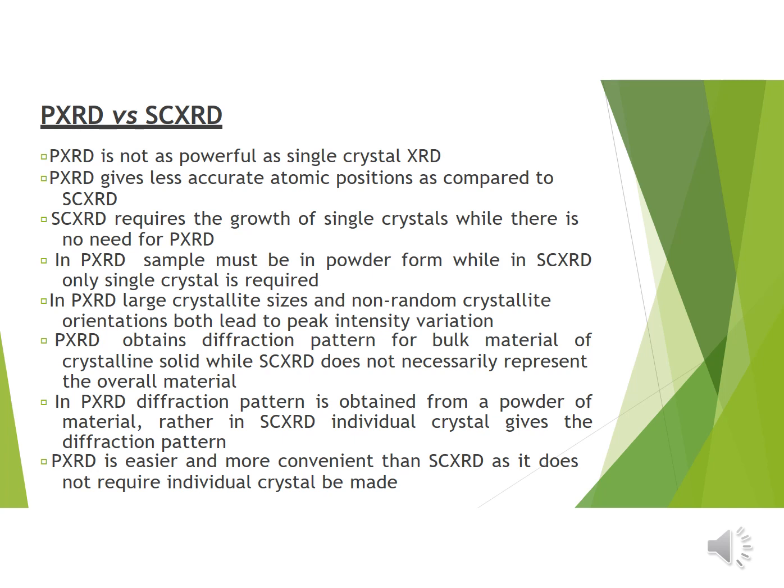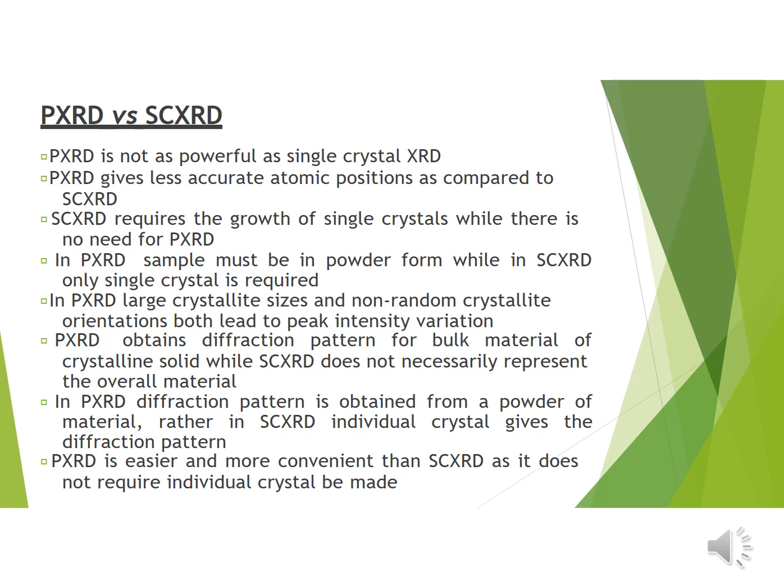We can say that there is variation in the peak intensities. Powder X-ray diffraction obtains a diffraction pattern for bulk material of crystalline solid, while single crystal X-ray diffraction does not represent the overall material.